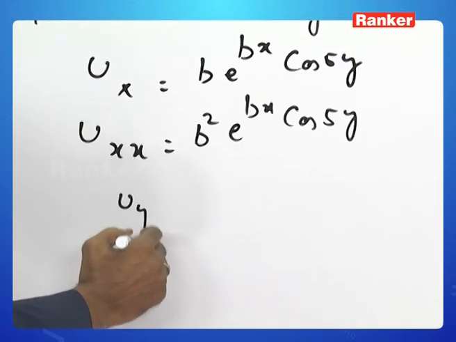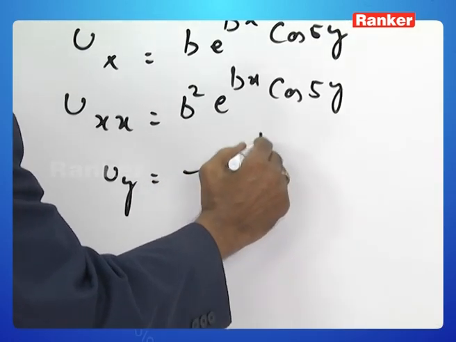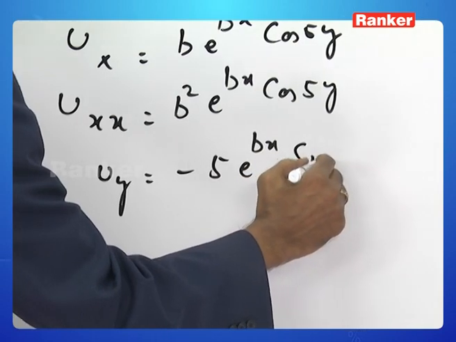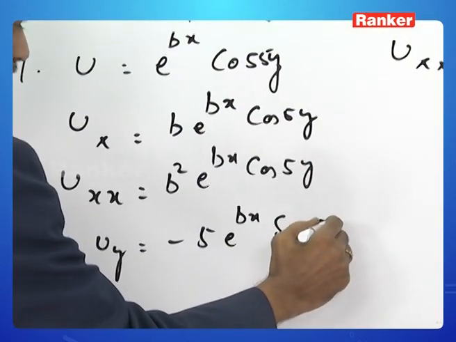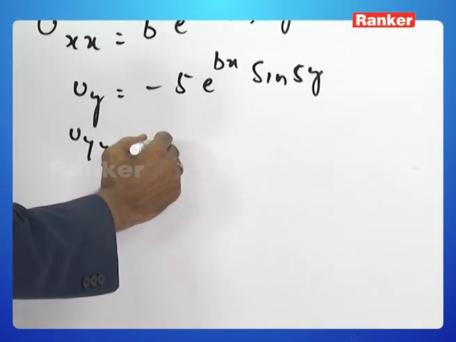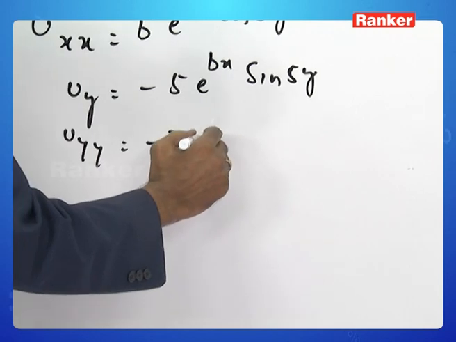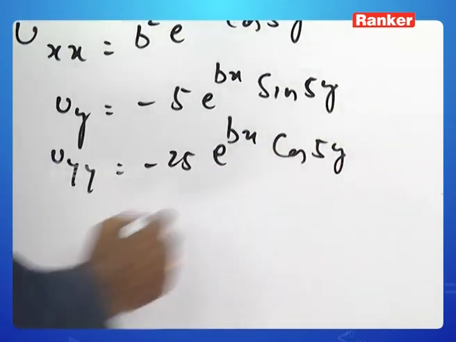Similarly, uy is minus 5 e power bx sin 5y, uyy is equal to minus 25 e power bx cos 5y.